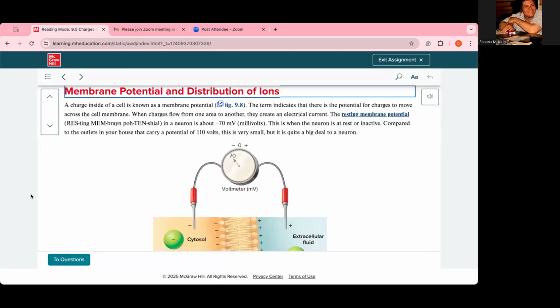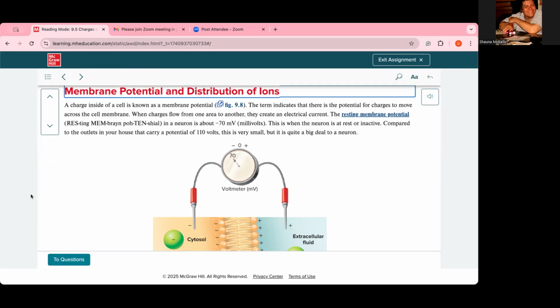A charge in a cell is known as a membrane potential. The term indicates that there is the potential for charges to move across the cell membrane. When charges flow from one area to another, they create an electrical current. The resting membrane potential in a neuron is about negative 70 millivolts.